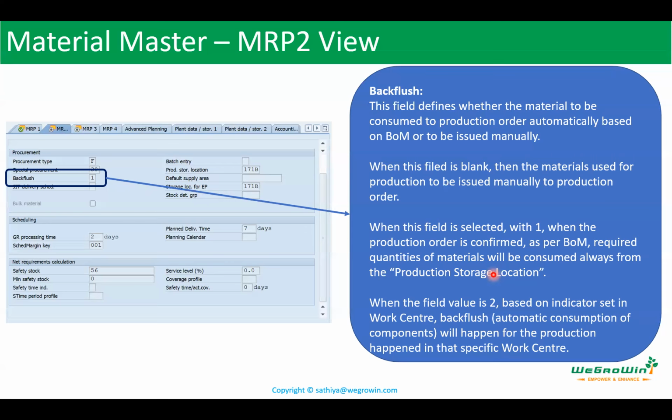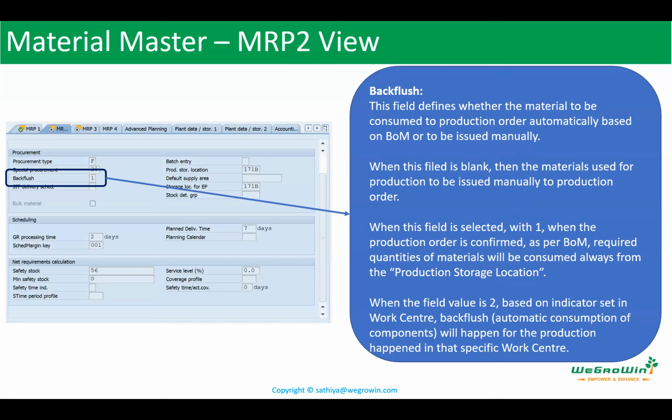I always want to ensure that material is issued manually. I do not want the system to consider backflush. That may be one reason why we don't go for backflush. But mostly people go for backflush. There are some specific situations where I do not want the system to take automatic consumption, so we keep this blank.